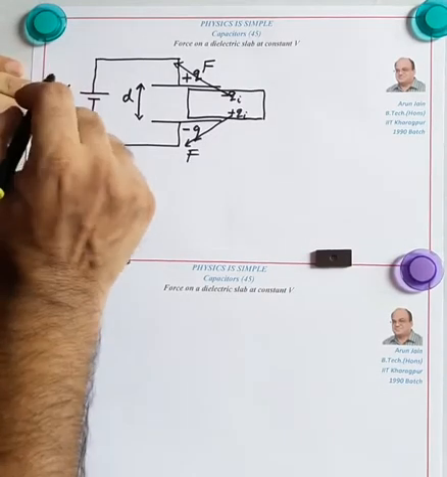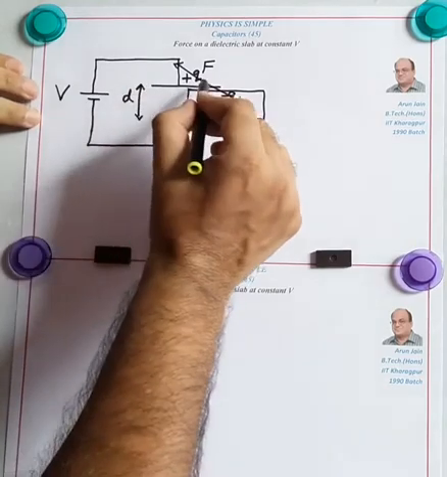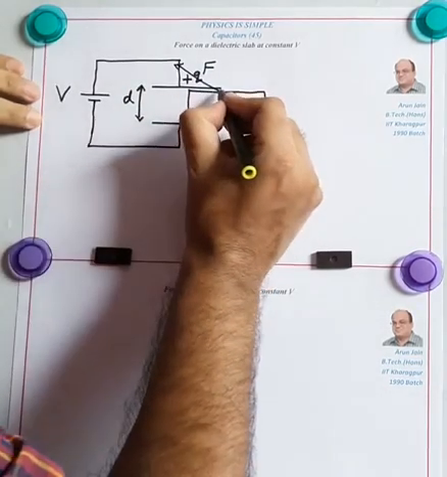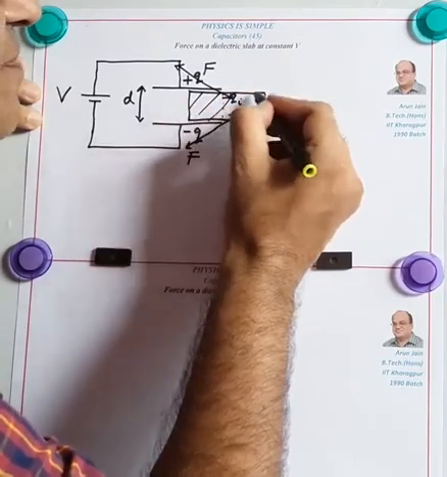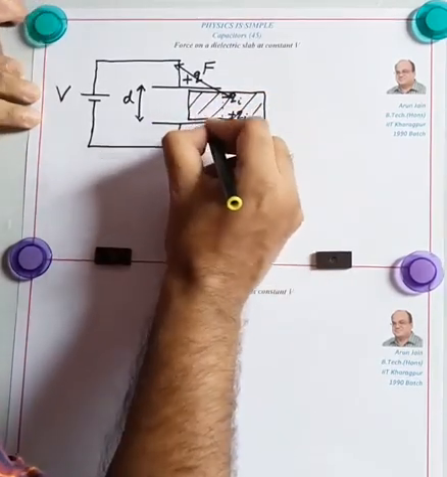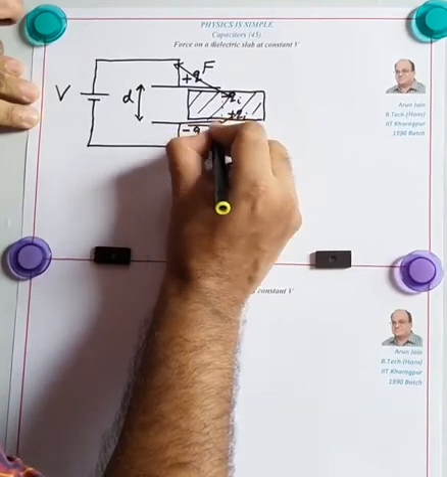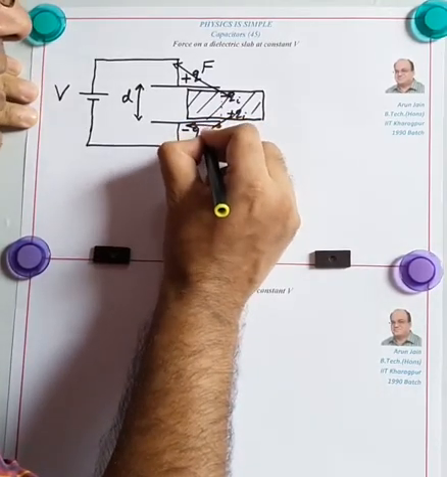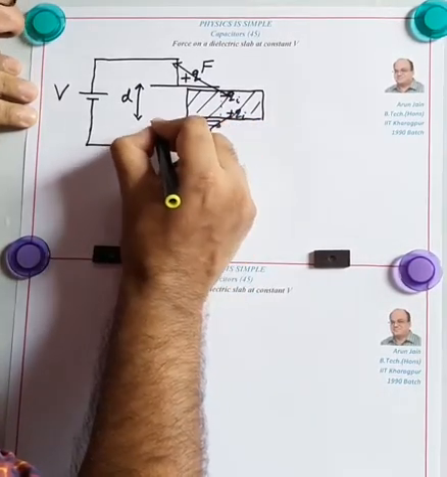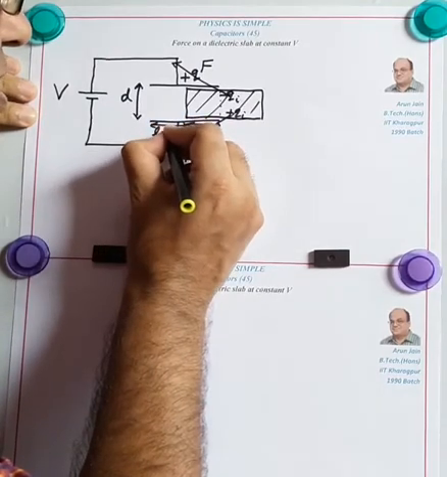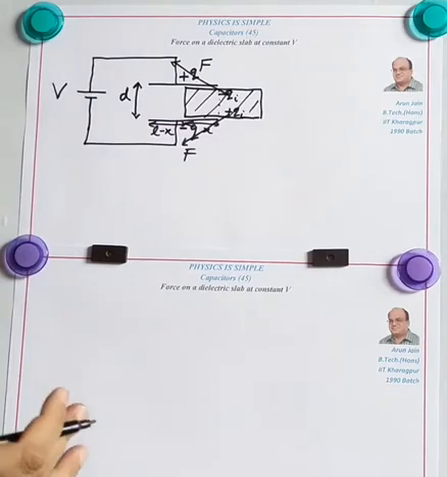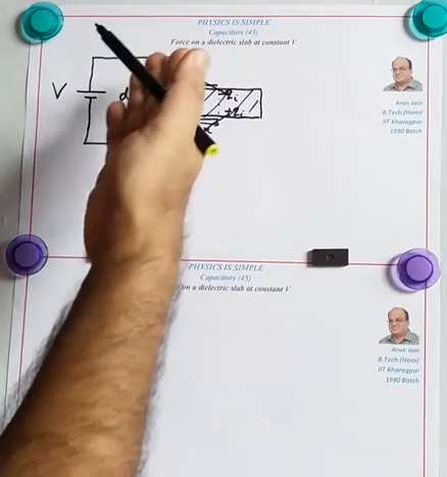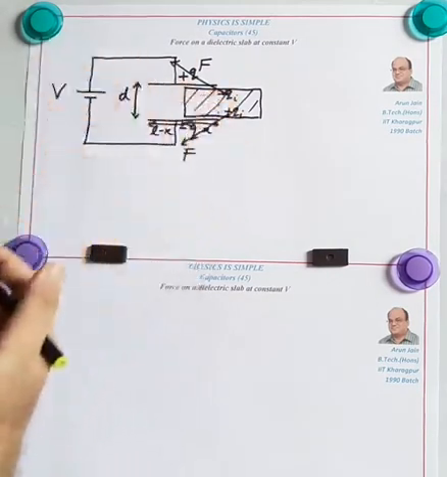Now, when this capacitor is partially filled with dielectric, say X length of the capacitor is filled with dielectric, and L minus X length of the capacitor is filled with air, then we can take these two capacitors to be in parallel because same V is acting across both of them.